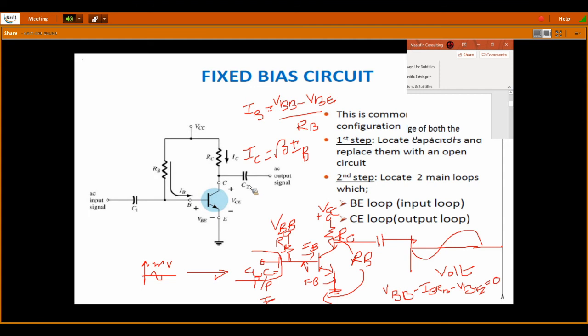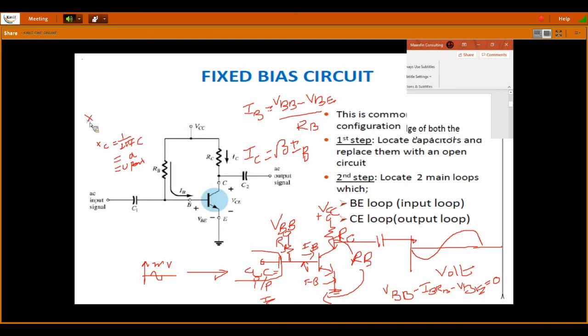No, for the DC signal, your capacitor behaves like an open circuit, because the frequency of a DC signal is 0, and the reactance offered by the capacitor, XC, is equal to 1 by 2 pi FC. So the reactance offered by the capacitor for a DC signal is very high, and for DC analysis it can be replaced with an open circuit since it has the highest resistance.